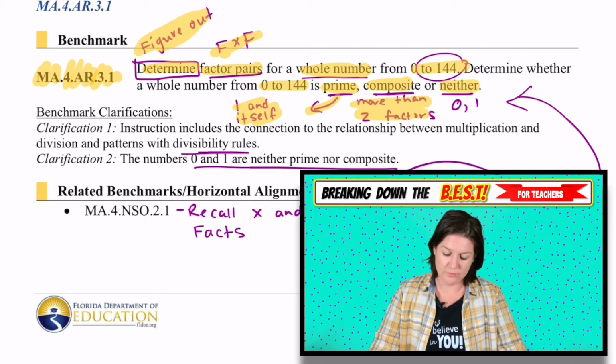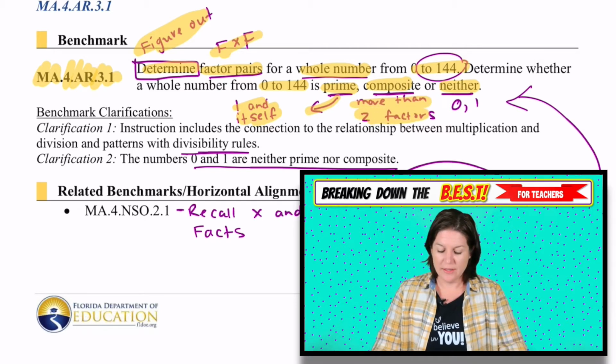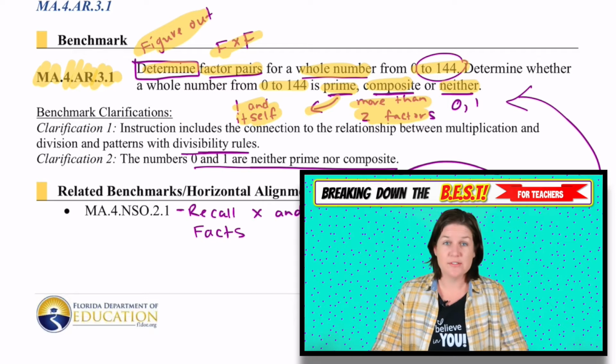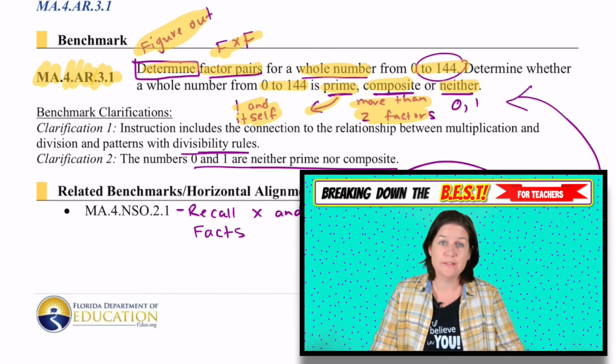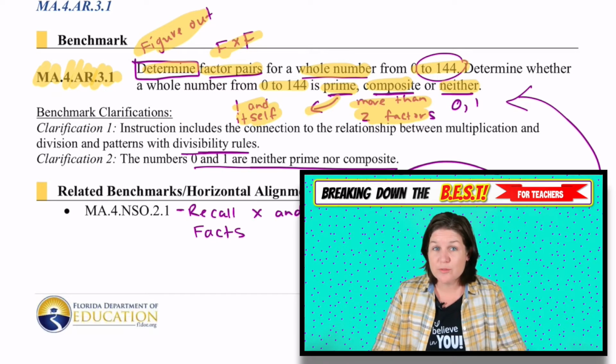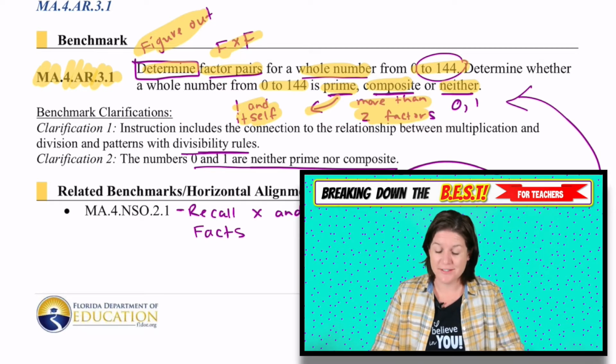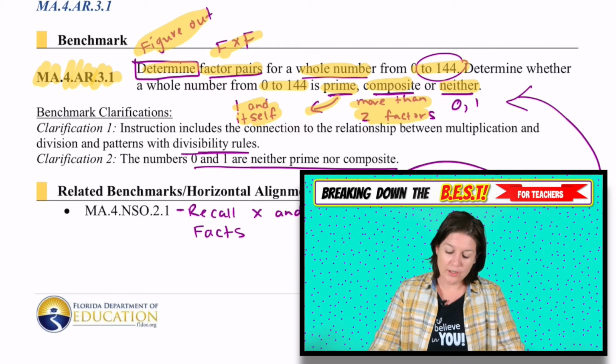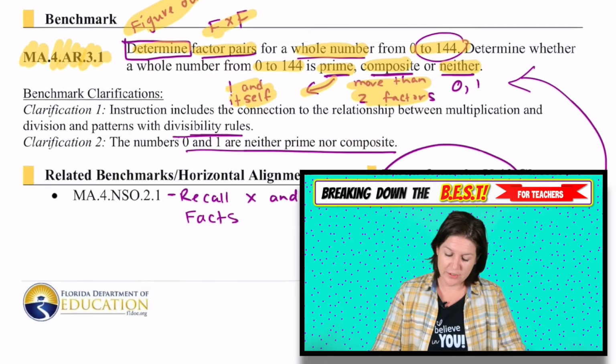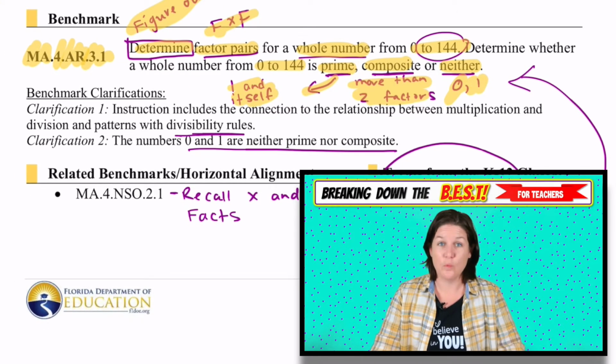Or more than 2 factors, like the number 6. You can multiply 1 times 6, and you can multiply 2 times 3. We have 2 sets of factor pairs there, meaning that 6 is composite. Or neither. The only ones that are neither are 0 and 1.